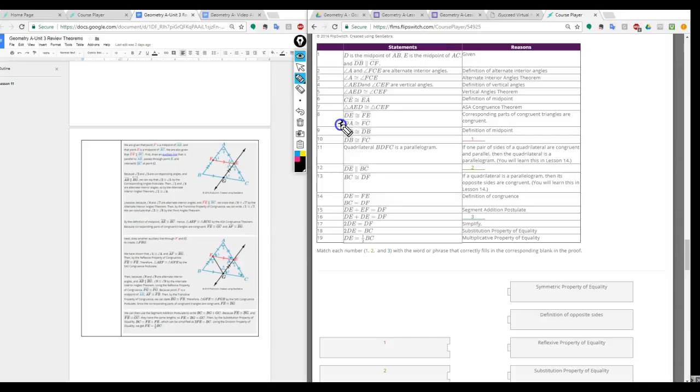We're starting right with this one. DA is congruent to FC, and then I'm going to link it with this one. AD is the same thing as DA. AD is congruent to DB.